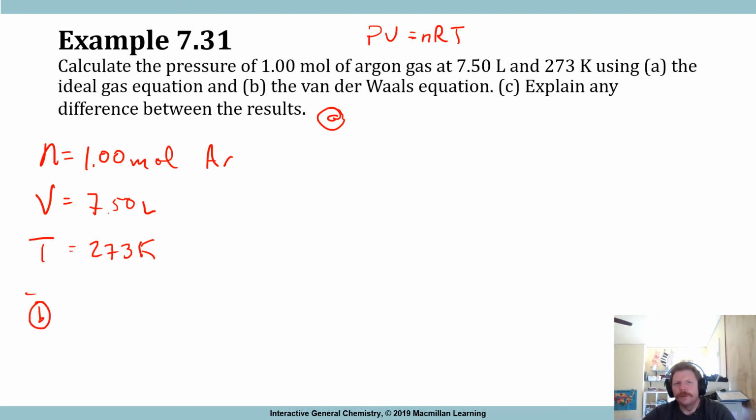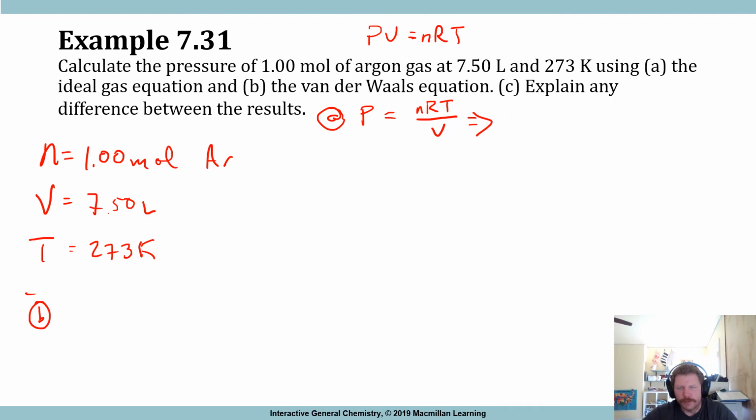Okay, so PV equals nRT. I'm solving for pressure, so I want to go ahead and say P is equal to nRT over V. So n is 1, R is 0.08206 times my temperature, which is 273, and I'm going to divide that by my volume, which is 7.5.